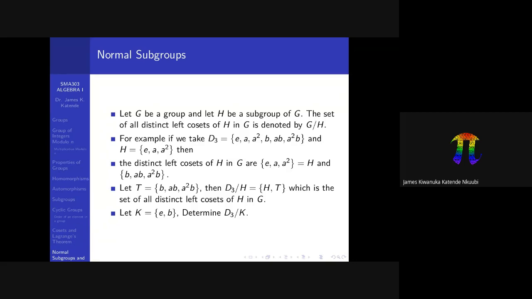In other words, if you multiply everything in H on the left by A, you will not get anything outside H, and the number of elements in AH will still be exactly the same as the number of elements in H. Therefore H must be contained in AH. Those two inclusions tell you that if A is contained in H, then AH is equal to H.